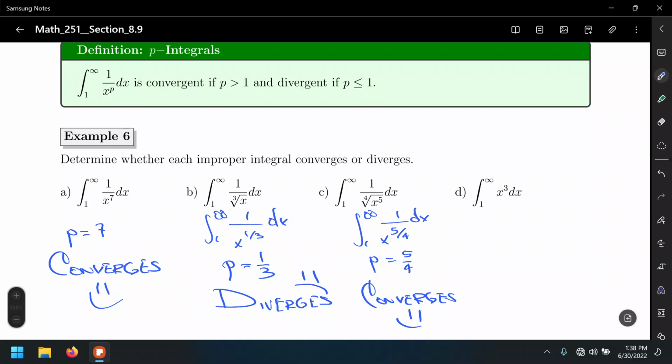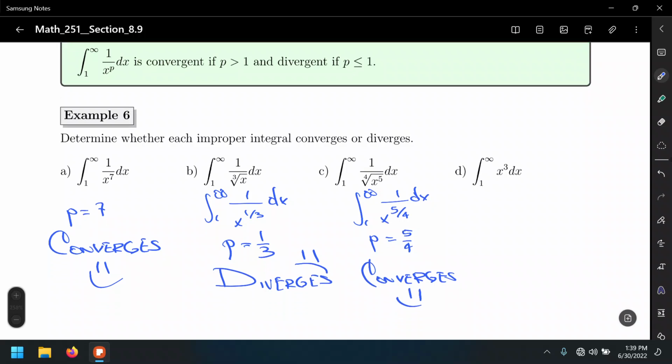And last but not least, look at this one. That's not in the form that is required. This integral will diverge for a couple of reasons. Look at the x cubed. X cubed is an increasing function. It's a polynomial function that gets bigger and bigger for positive values of x. And when you integrate it, you are even increasing the power of that function, making it a 4th power, right? So that infinity will be even more infinity than it actually was.